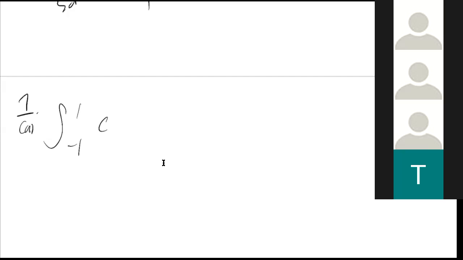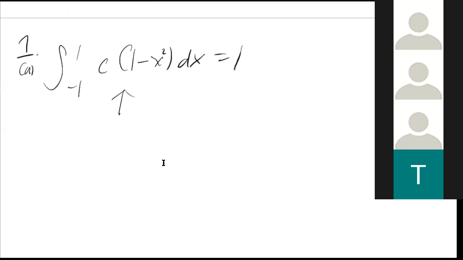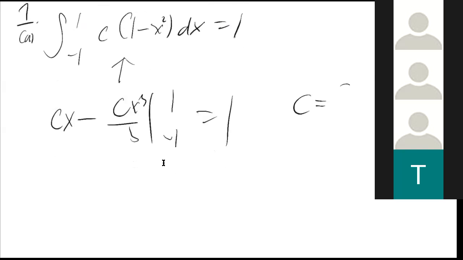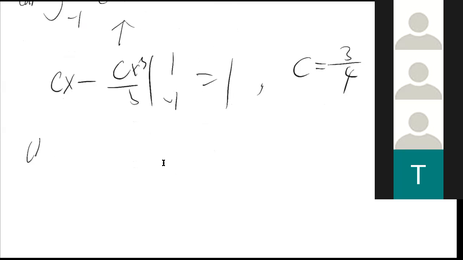So we just need to check that from -1 to 1, this integral results in 1. We solve this integral from -1 to 1 and we get the constant of 3/4. I'm skipping a lot of steps, but you should be able to do the integral calculation by yourself.